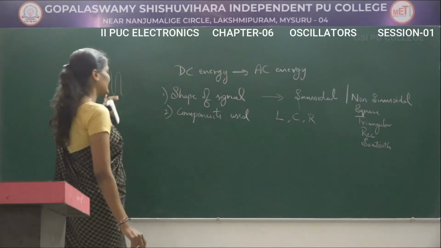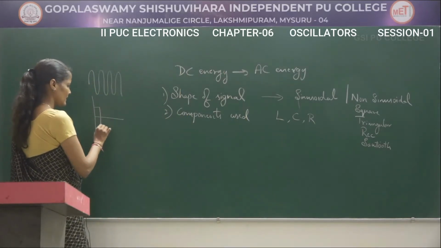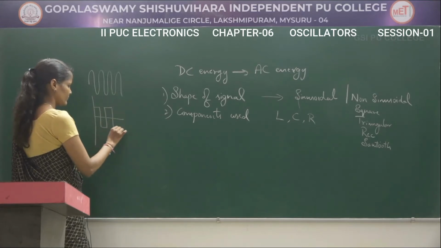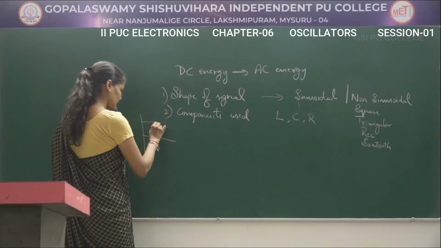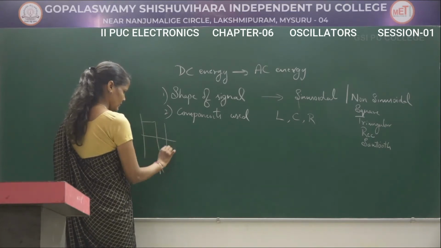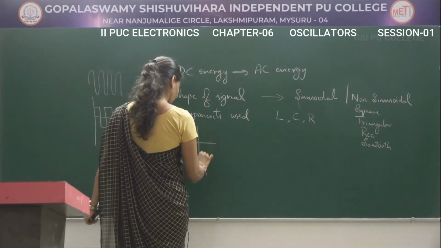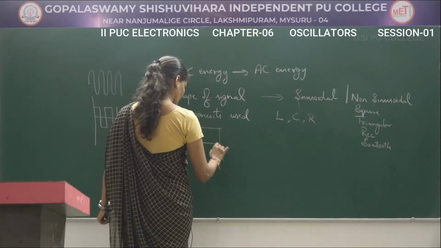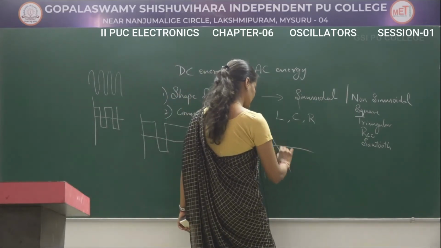Sinusoidal signals look like this. A square waveform can be like this. A rectangular waveform can be like this. Or a triangular waveform can be like this.